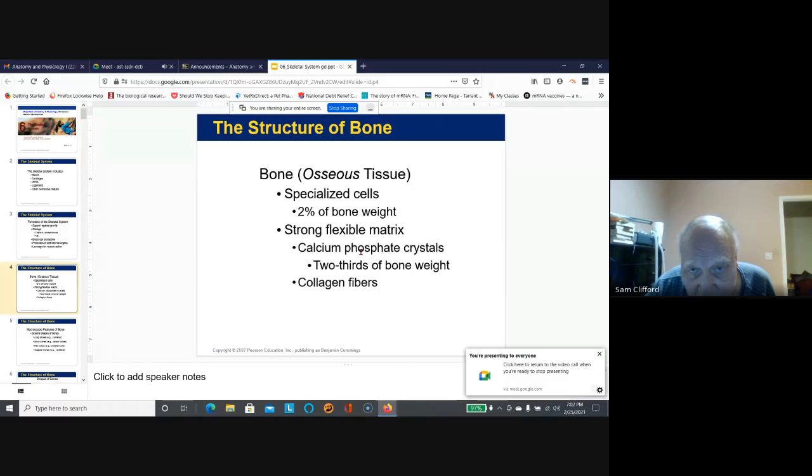And we'll see in a moment that bone serves as a storage depot for calcium. Your body is going to either build bone or break down bone based upon your weight, your age, and also on the need for calcium.